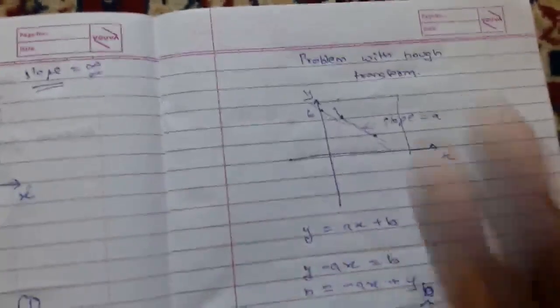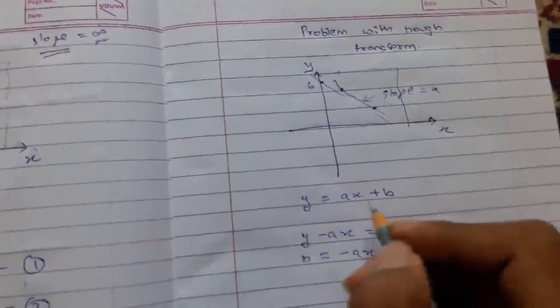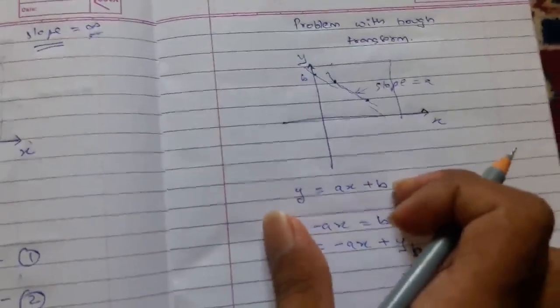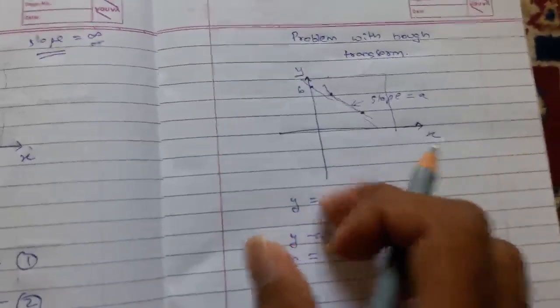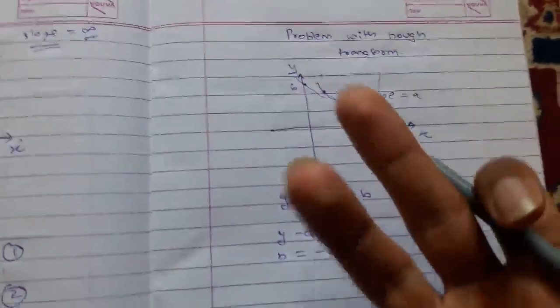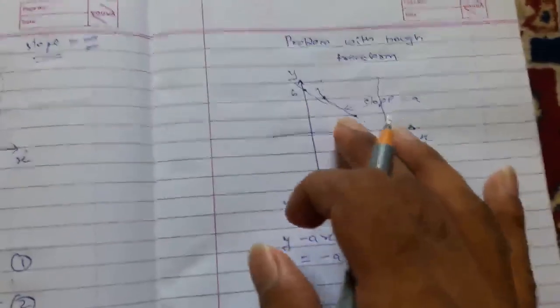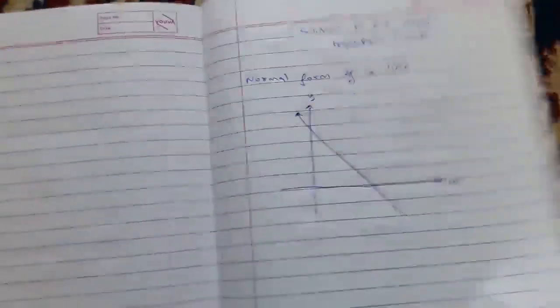We don't have the line, we will have points. We have the equation y is equal to ax plus b, but since we have this problem with the slope and intercept, I am going to convert this line into something else, and then we will do the same procedure that we did earlier.